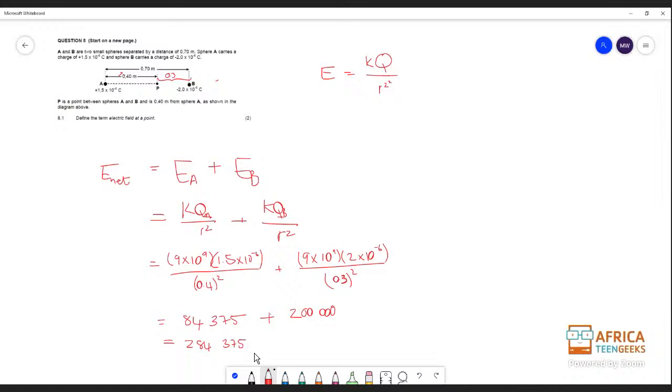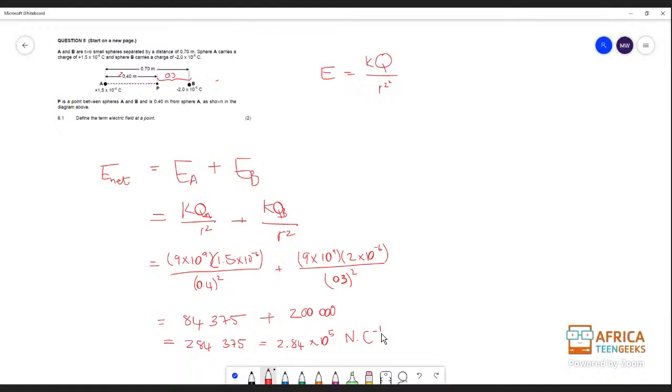And then remember that you always have to try and write your values in scientific notation. So this will become 2.84 times 10 to the 5 newtons per coulomb.